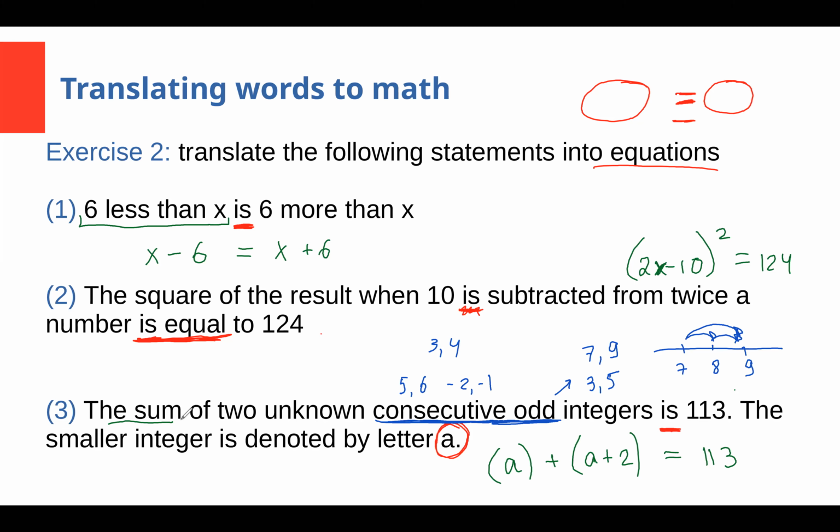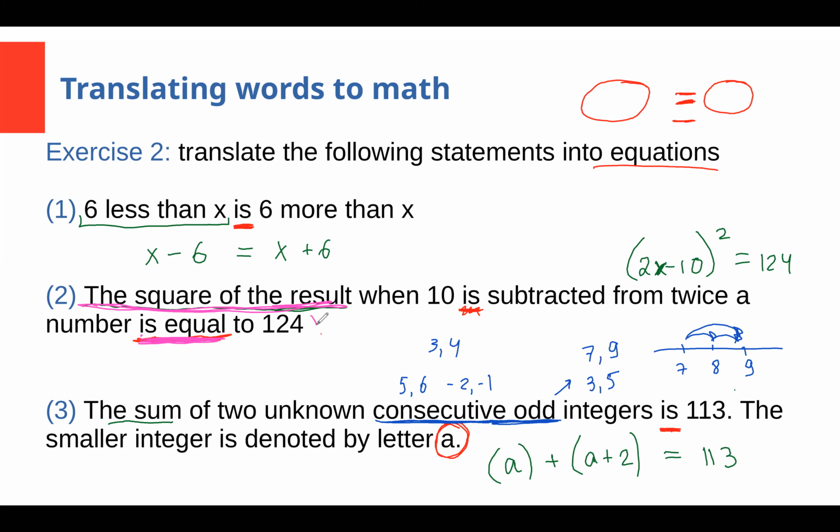Okay, now let me go back to number 2 and parse it. What I see is the square of the result, and I'm looking for the cut. Let me use the pink one as I used before. The square of the result, and then I'm looking for the split. In this case, the split is usually the word is, right?